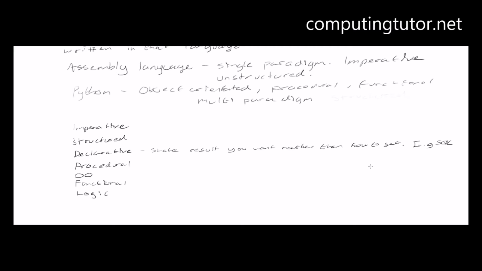That's just describing what you actually want it to do, so to get all the records from that table. So that's why something like SQL could be described as being declarative.